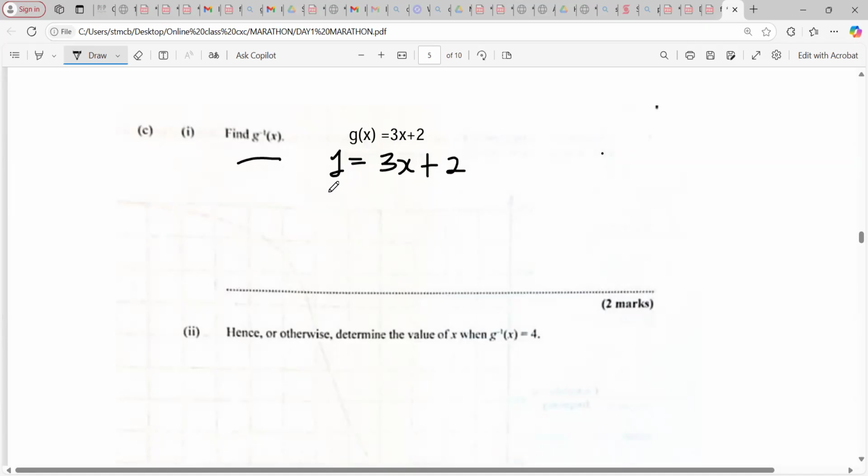And then we interchange x for y and y for x. Anywhere x is, we put y; anywhere y is, we put x. And then now we solve for y. So we make y the subject of the formula. You see this plus 2, we get rid of it by taking the inverse, so you minus 2. And we know already, anything you do to one side, you do to the other side.